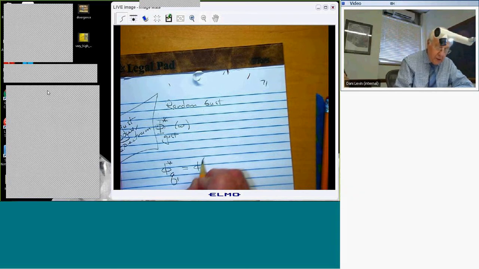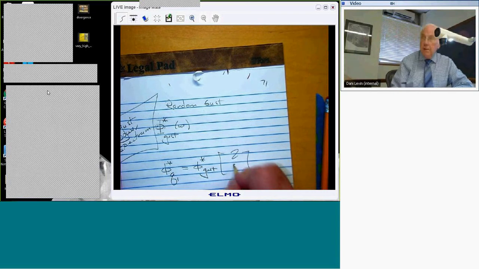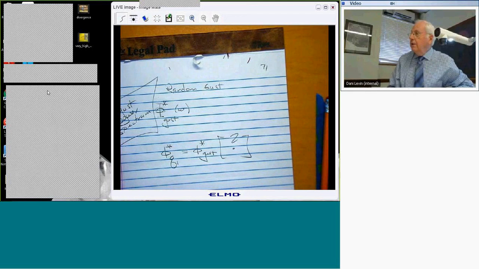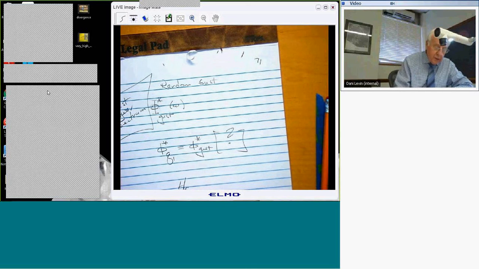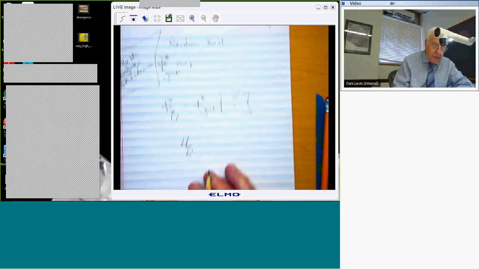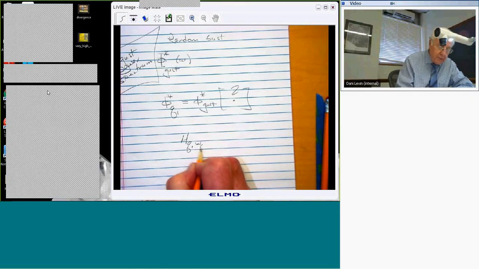What do I need to know here? What is that thing I need to know? Transfer function. I need to find the transfer function. I need to find a transfer function that takes me from w_g dot to Q1.